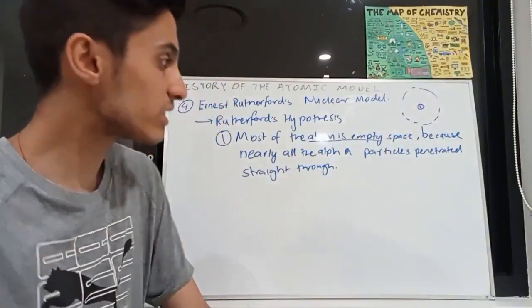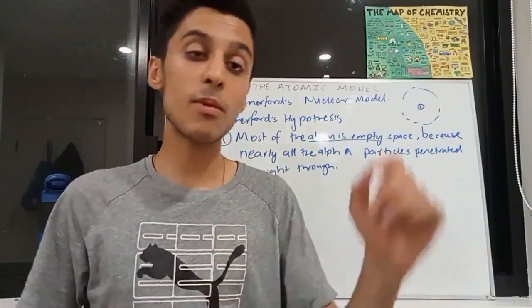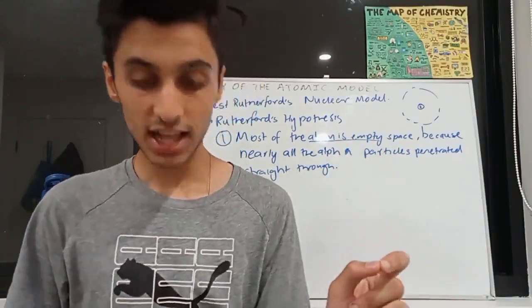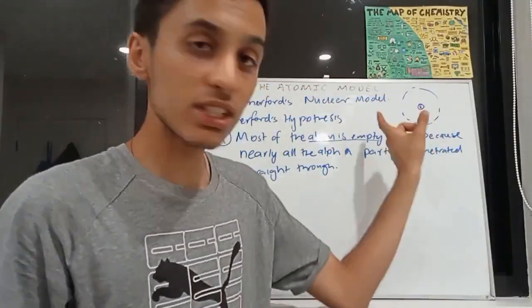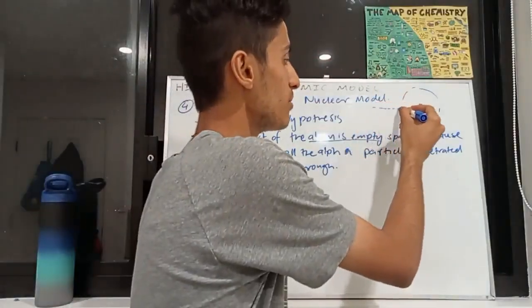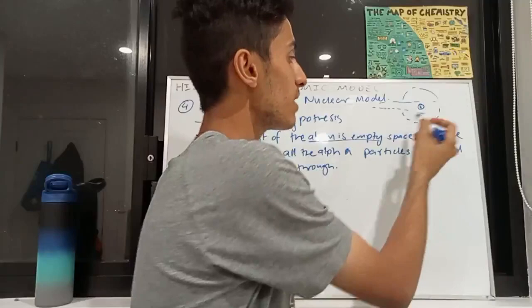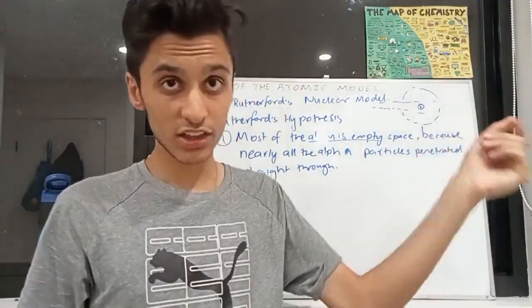And why is that? Because if we go back to how the alpha particles were reflected, remember the alpha particles are positive. And so the alpha particles were reflected. And why were they reflected? Because positives and positives repel. So when a positively charged alpha particle came in, most of them just went straight through because only a small amount could hit the nucleus.